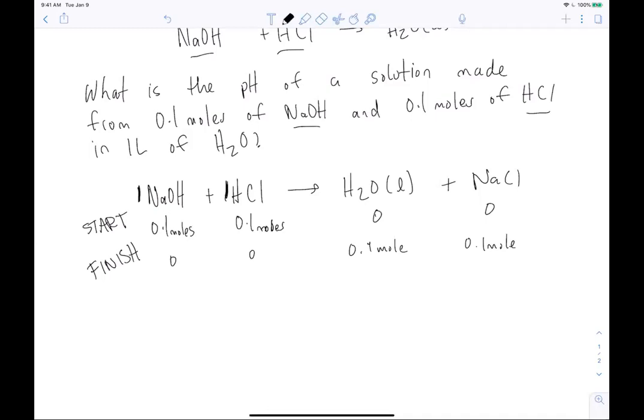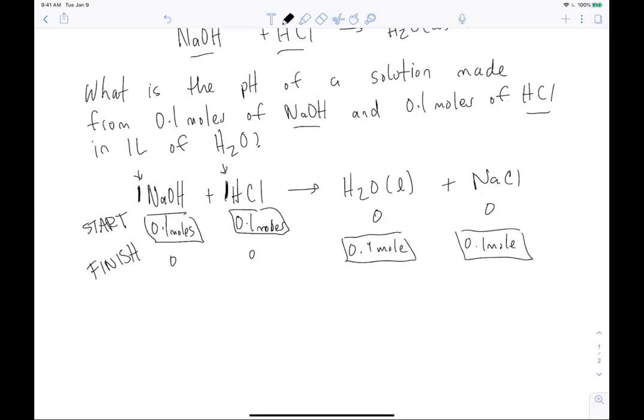So this is the start. I have this much of each. I see how they react. They react 1-to-1. For every 1 mole of sodium hydroxide I have, it reacts with 1 mole of HCl to form 1 mole of water and 1 mole of sodium chloride. And so at the end of the reaction, I'm not surprised to see that I have 0.1 moles of water that have formed and 0.1 moles of sodium chloride.